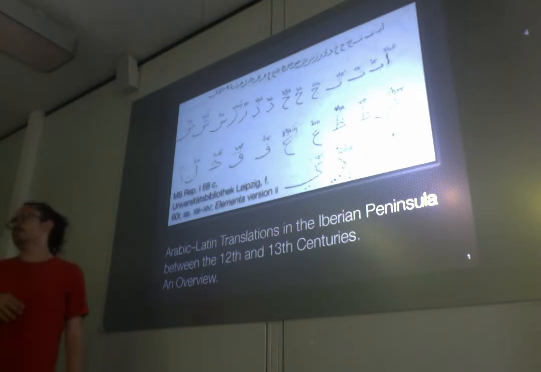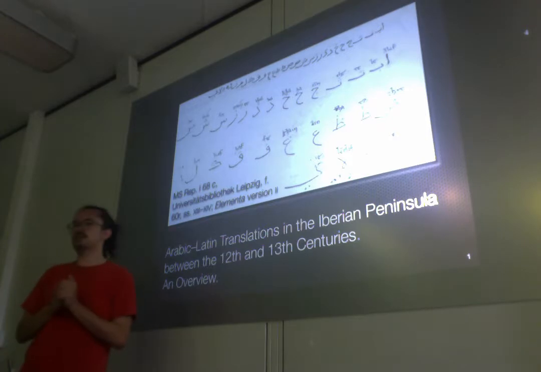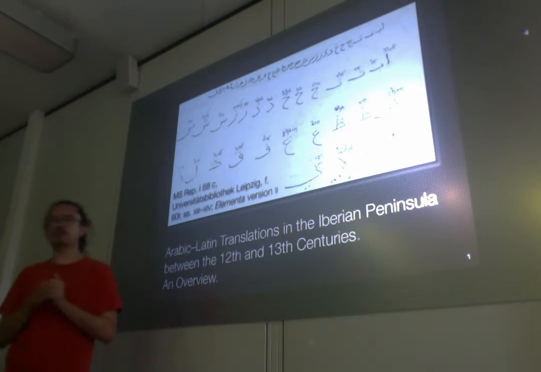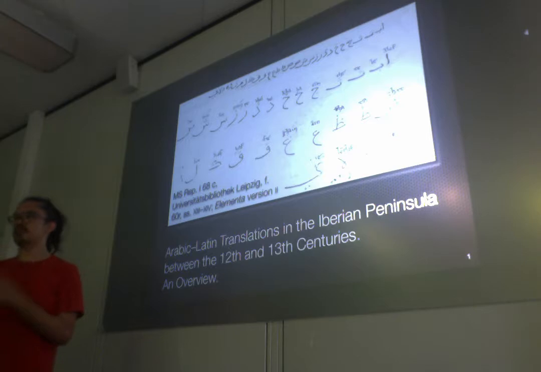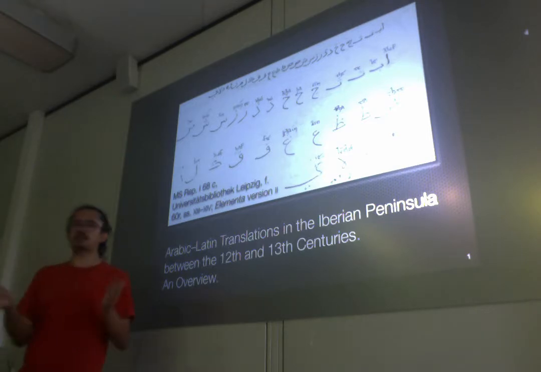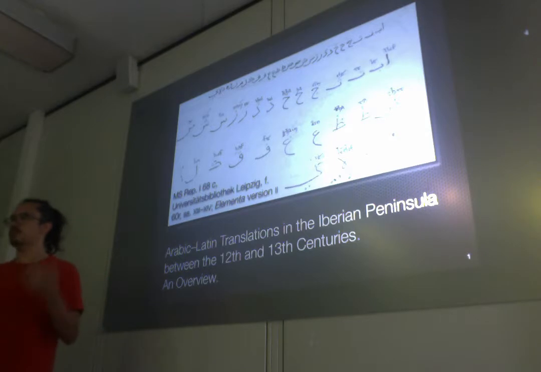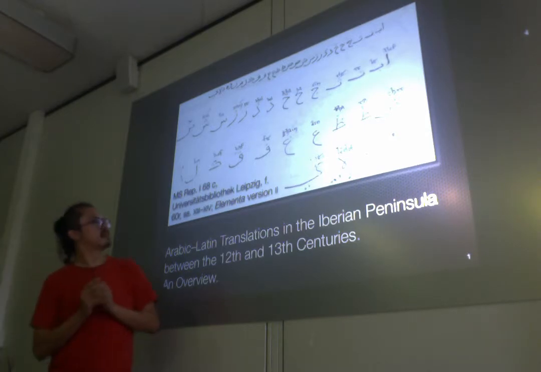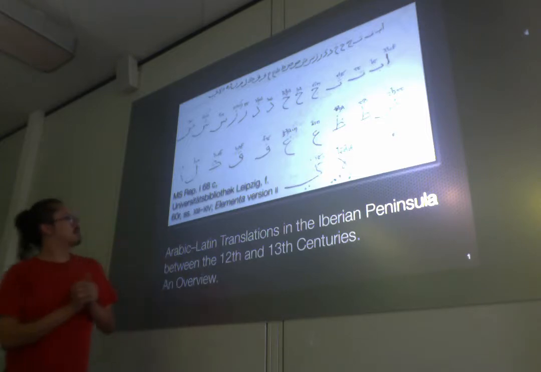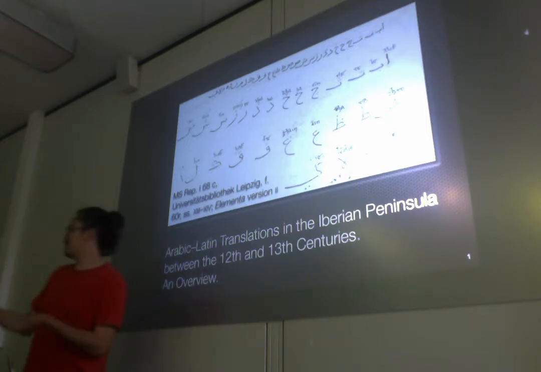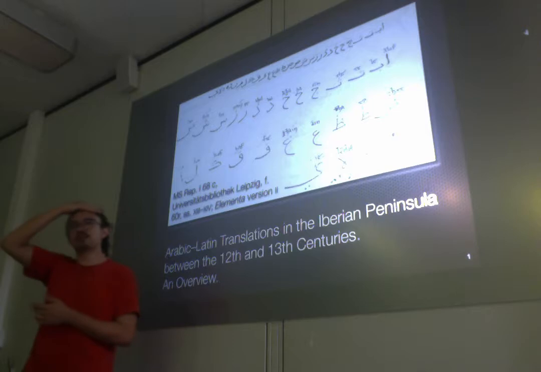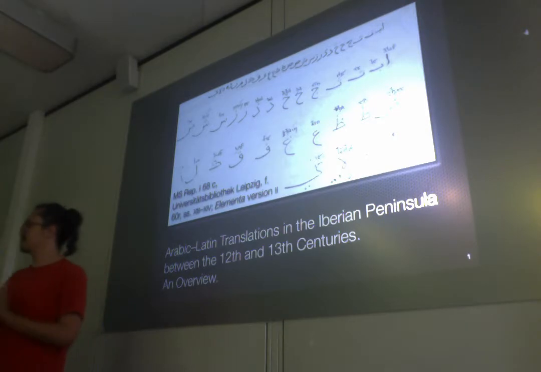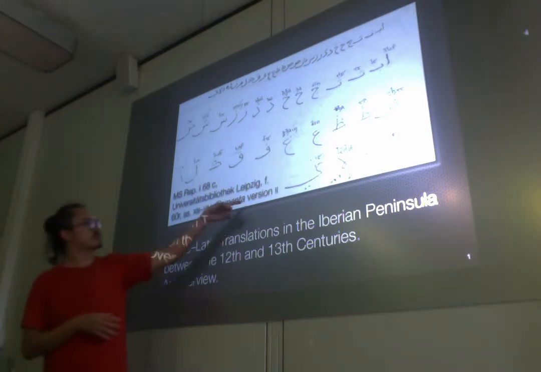There are a lot of figures you can show people in order for them to get a grasp of how this process of acquisition of Arabic knowledge happened in the Iberian Peninsula. But I chose this one because Adrian told me about his work on this version of the Elements.